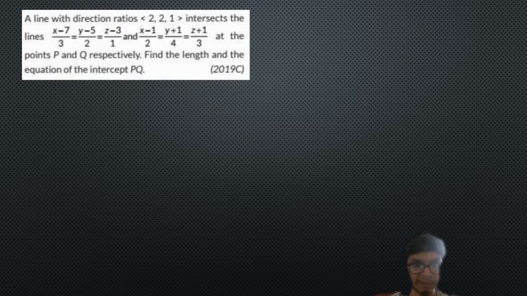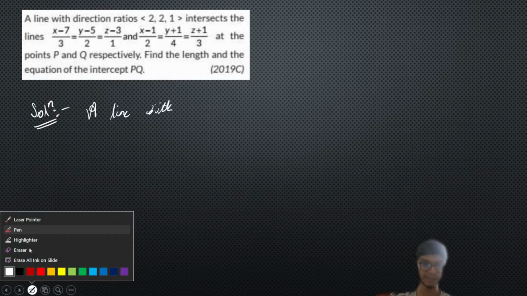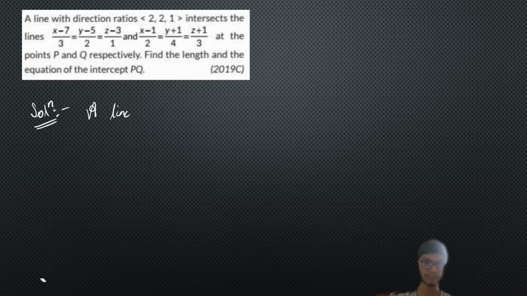With this, we have the next problem, so let us try to understand what this problem has to offer. The problem is saying that we have a line with given direction ratios 2, 1, 1, right?